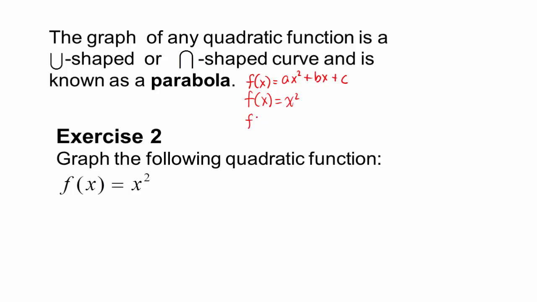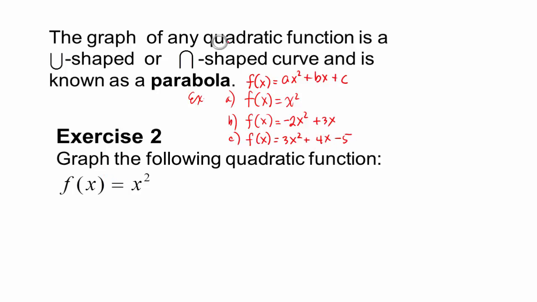Another example: you can have a negative coefficient, say minus 2x squared plus 3x, where the constant c is 0. Another example would be f of x is equal to 3x squared plus 4x minus 5. That's another quadratic because the highest degree that occurs is 2. Here a is 3, b is 4, and c is negative 5.